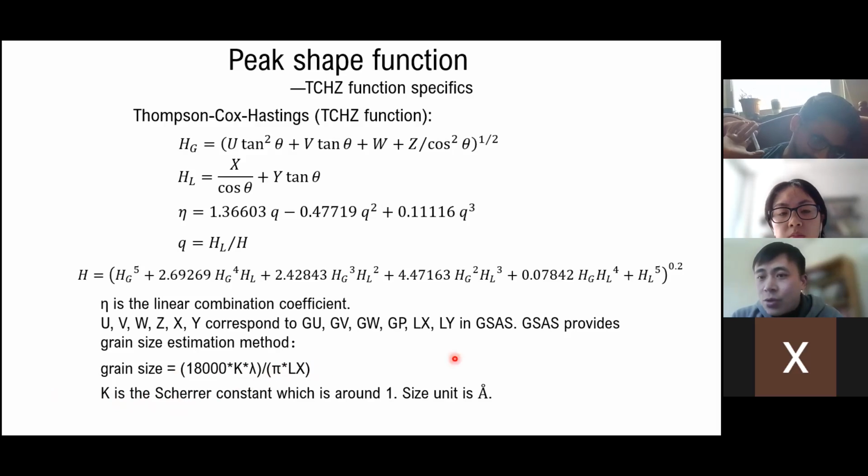And that relates to more complicated peak shape analysis. Maybe that could also be a topic that we can discuss at some point.